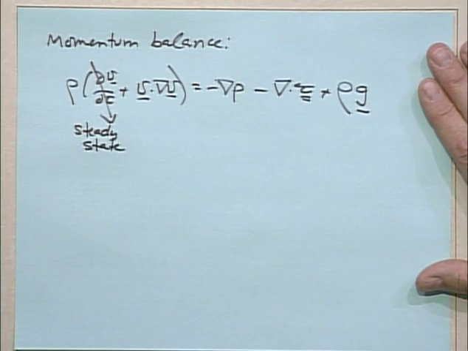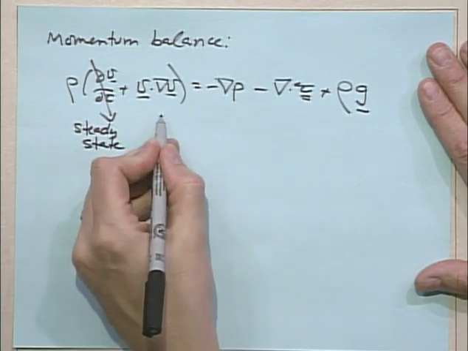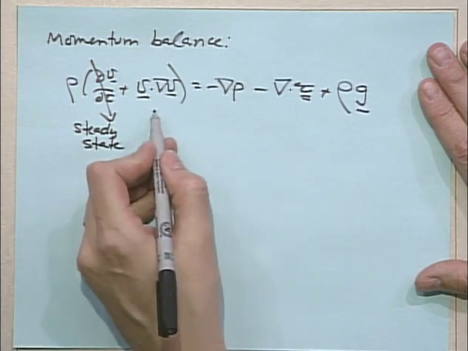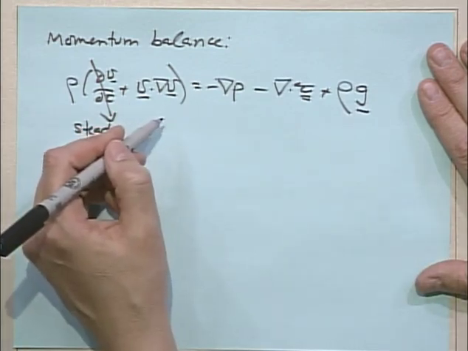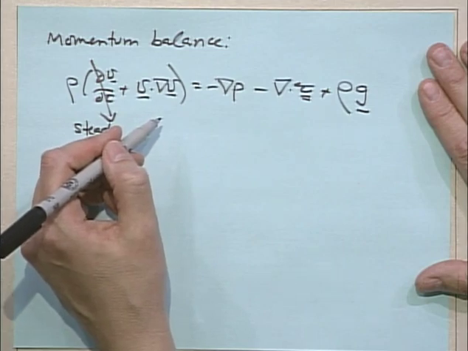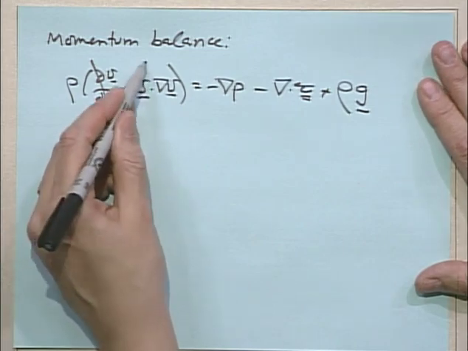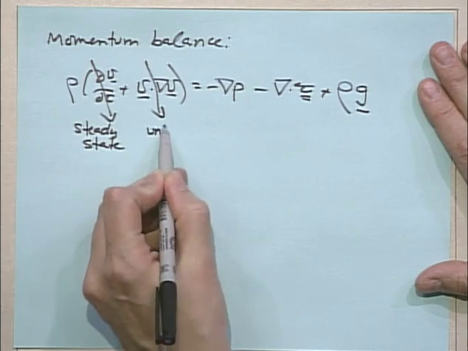Which one? This one, v dot del v? This is 0, why? It's a combination. This is 0 because of well-developed, unidirectional flow.